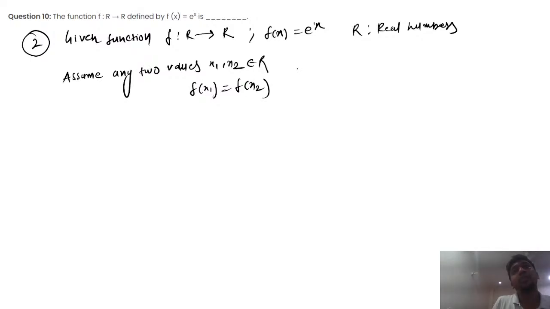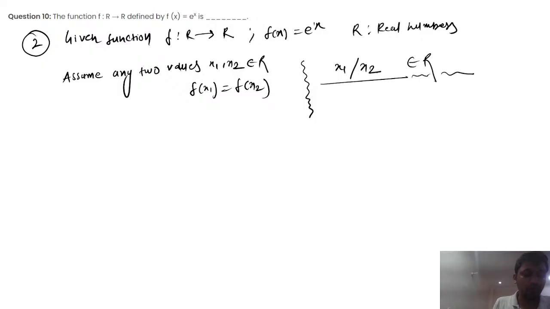We are supposing any two values x1 and x2 from the set of real numbers R such that f(x1) equals f(x2). So can we write like this, e to the power x1 equals e to the power x2? Any doubt here?